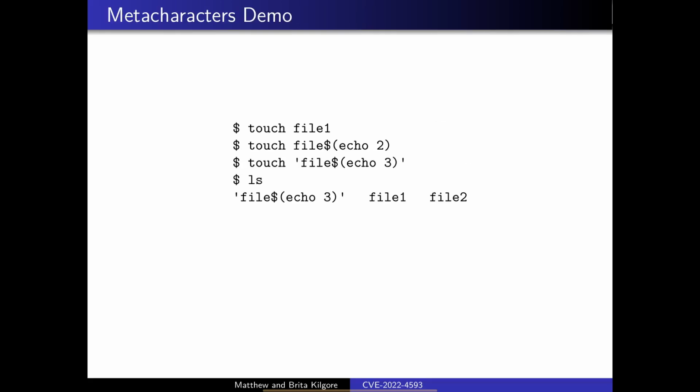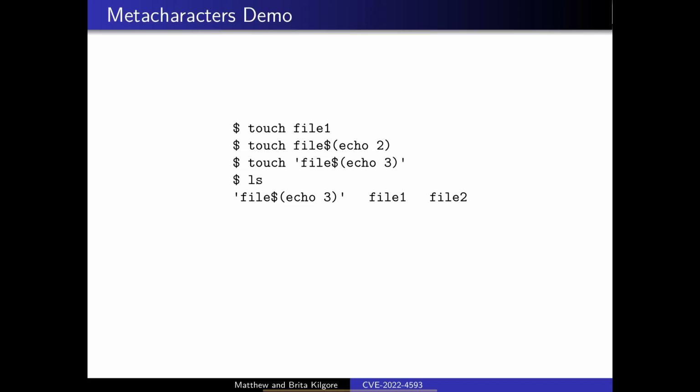Here is a quick demonstration. We create one file named file1 simply by touching that name. Then we create a file called file2 by echoing out the 2 in a subshell.